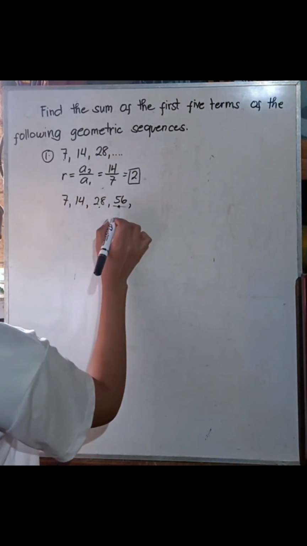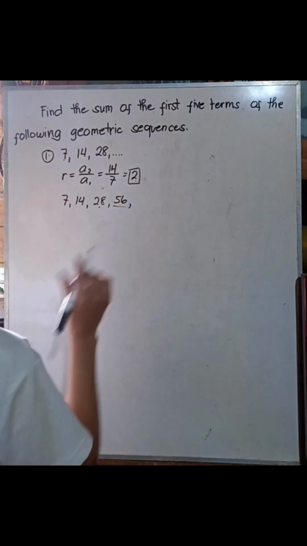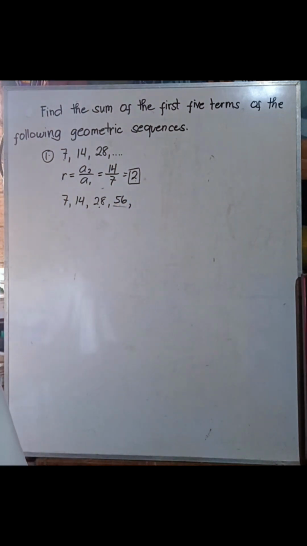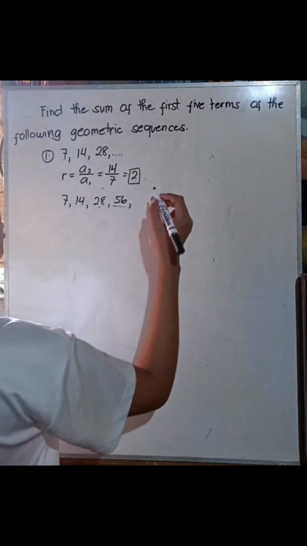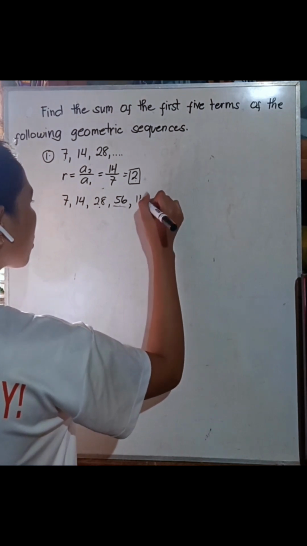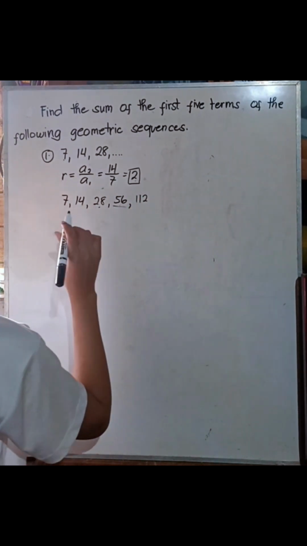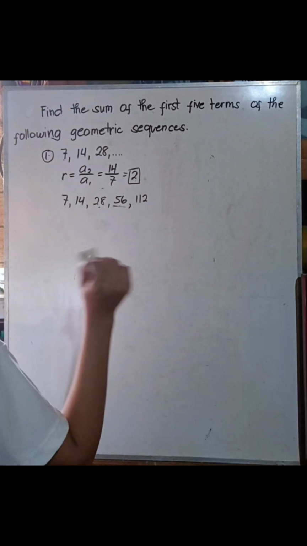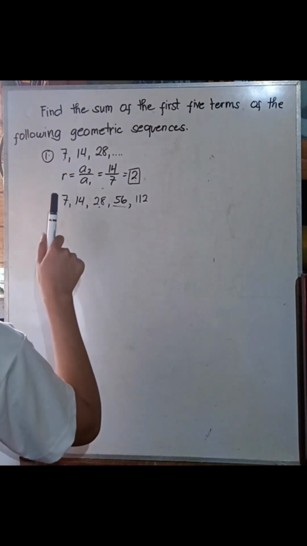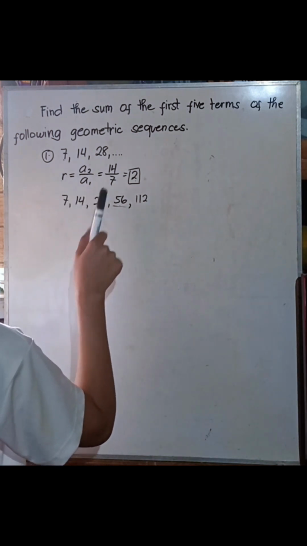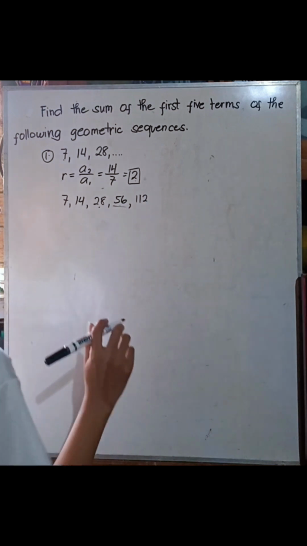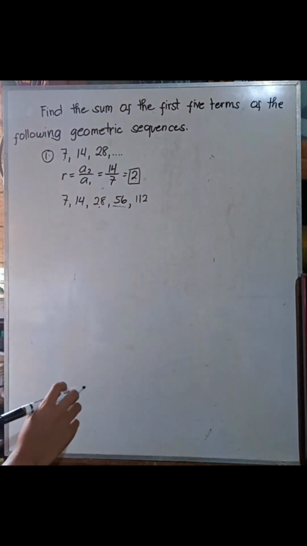The next, kanang 56, multiply na po ulit ng 2. 56 times 2 is equal to 112. So, mao na ni siya ang atong first 5 terms. We have 7, 14, 28, 56, and 112.